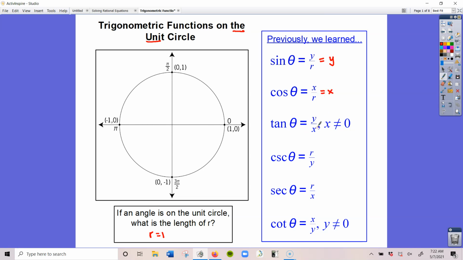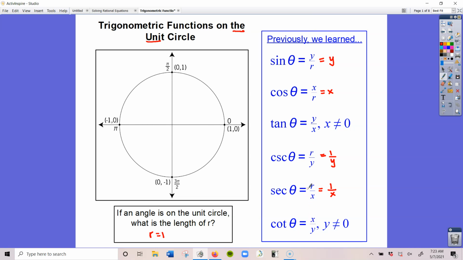Tangent remains as y over x, but now cosecant is r over y, and r is 1, so cosecant would be 1 over y. Secant is r over x, so secant on the unit circle will be 1 over x. And cotangent would remain the same, the reciprocal of tangent, so x over y.